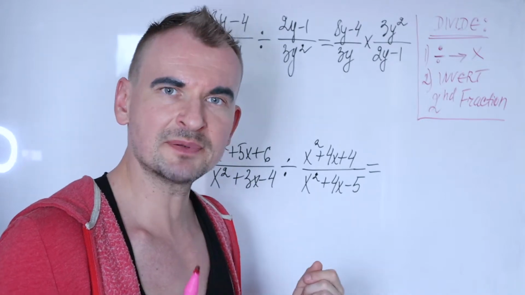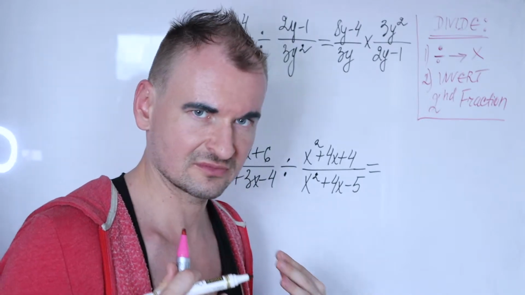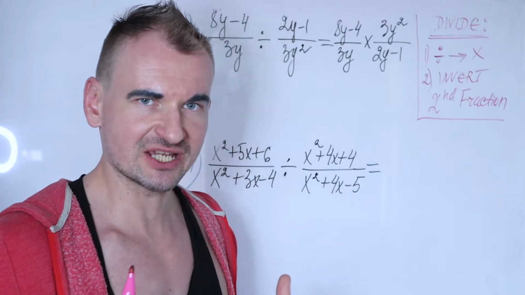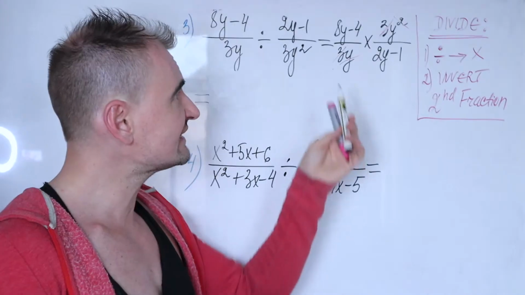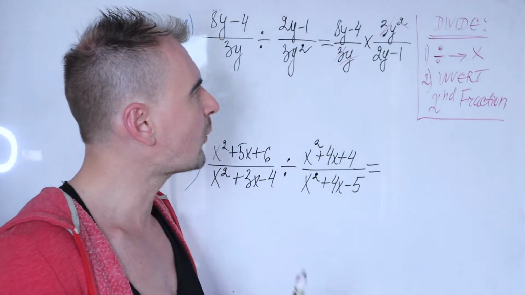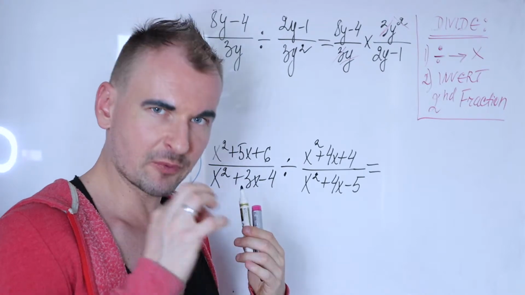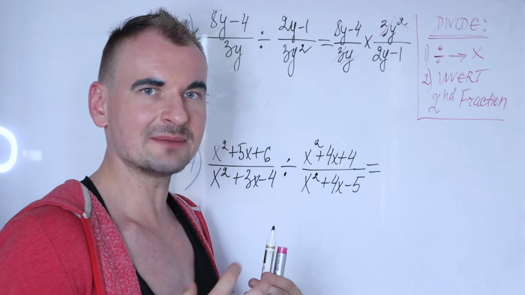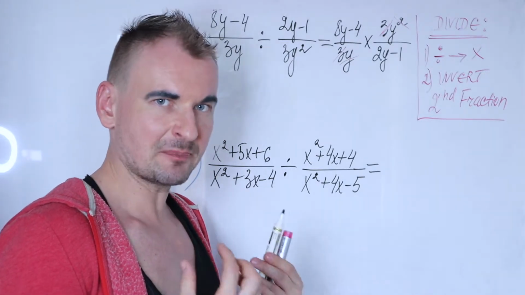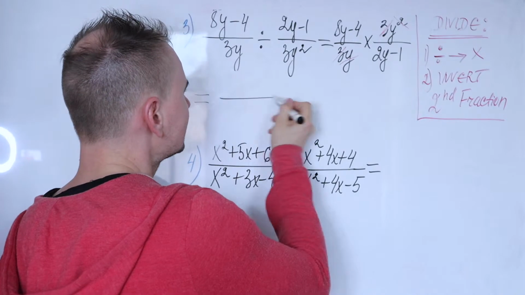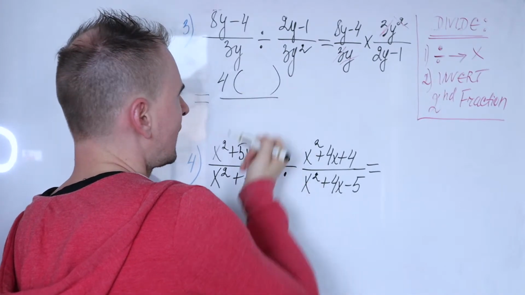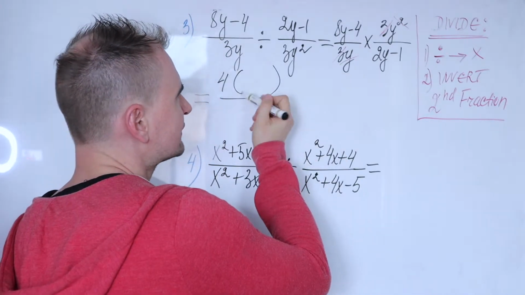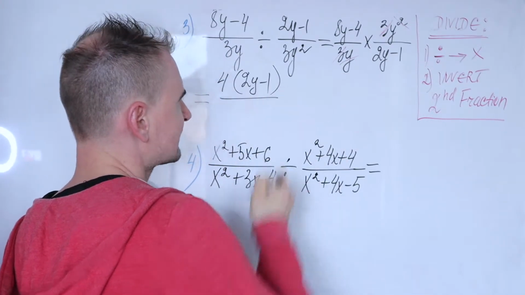And also keep in mind that you have to factor out everything as much as possible. So since both terms of 8y minus 4 contain 4, 4 can be taken out and placed outside of the parentheses. And what's going to be left over? You would be left with just 2y minus 1.